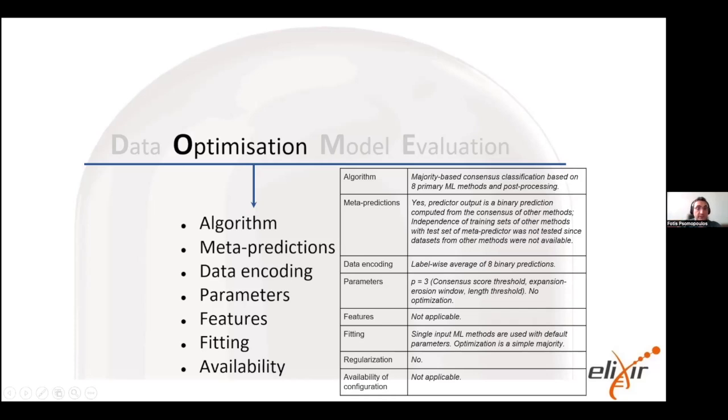Moving on to the optimization, this is focusing more on the algorithm itself. First and foremost, what is the algorithm, the machine learning one that you use, not just that I used machine learning, supervised something. I need to know what the algorithm is, what the features are, whether it's a meta predictor or not, whether it's a consensus of other methods or an algorithm by itself, whether I did any particular encoding in the data itself, and if I used a particular set of parameters for the training process, I need to know which they are, essentially reproducing the model generation process.